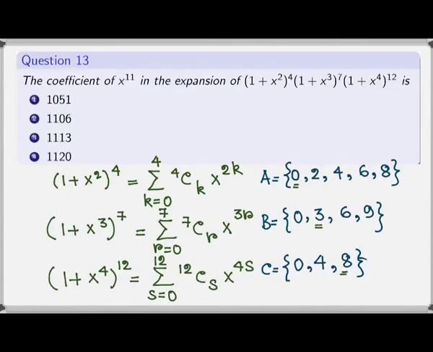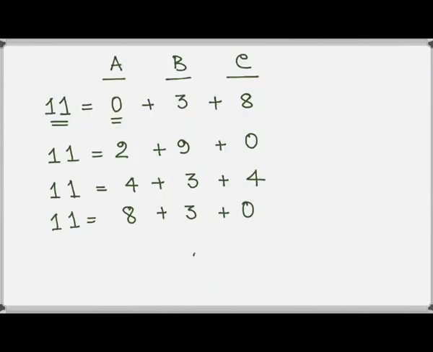We can then note that there are no more possibilities left. So we have only 4 possibilities of writing 11 as a sum of 3 integers, each one coming from the sets A, B and C respectively.